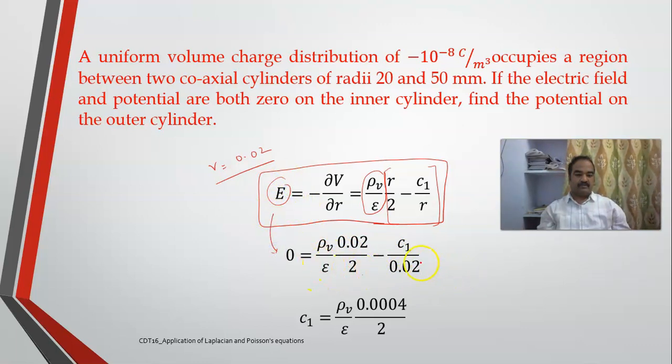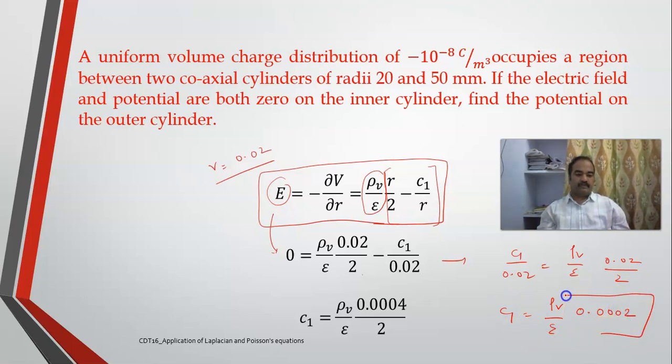If you solve this, c1 by 0.02 is equal to rho v by epsilon times 0.02 by 2. So c1 is equal to rho v by epsilon times 0.0002, or 0.0004, but this is my c1 value.